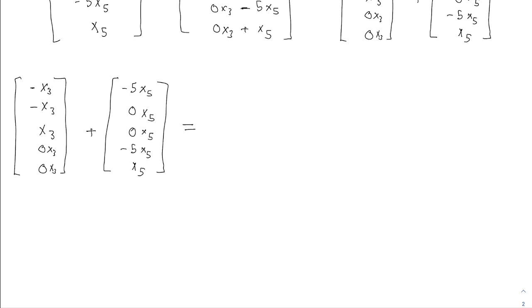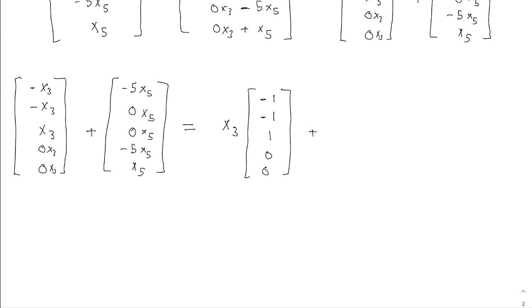And I'm going to factor an x3 out of the first vector, and that is going to leave me with negative 1, 1, 0, and 0. Okay. Plus, oh, I forgot.